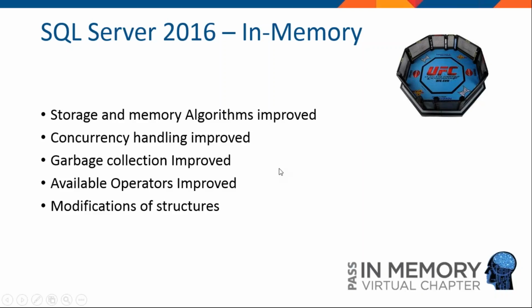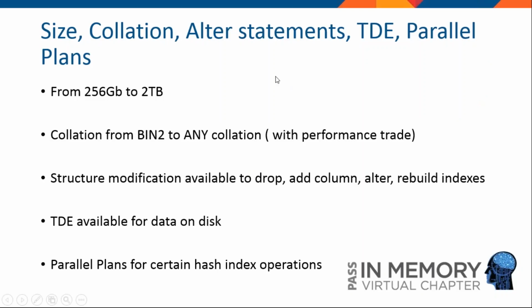Remember that if we missed the column name or we forgot to create our index, we needed to go back and delete our table and recreate it. Well, now some of those options are available, and we're going to see some examples about it. So we are going to name here a few of the improvements. Back then in SQL Server 2014, you used to have a maximum size of your in-memory table of 256 gigabytes.